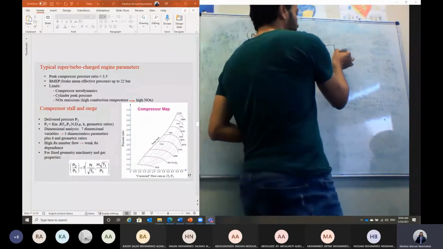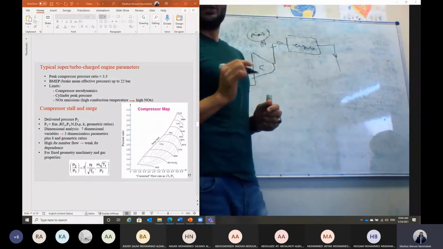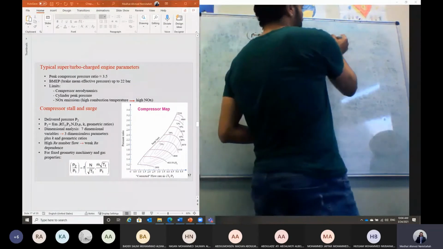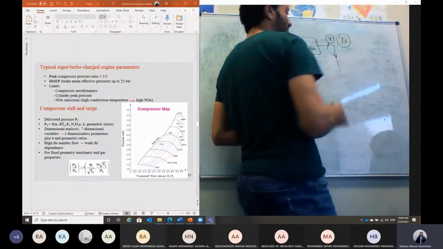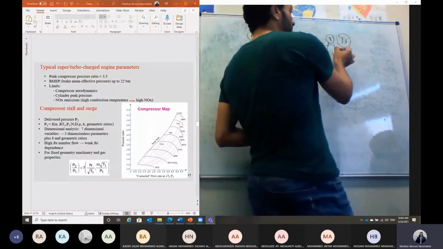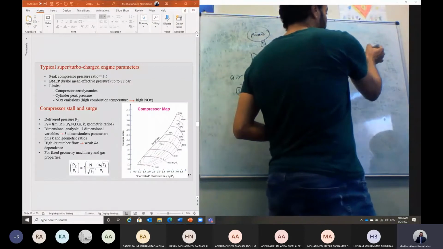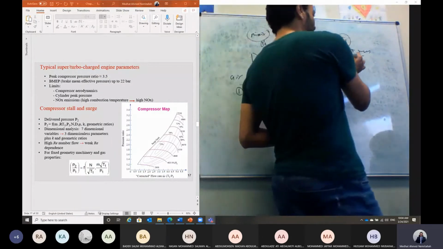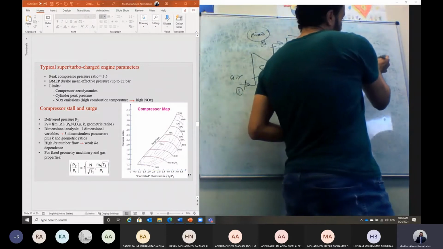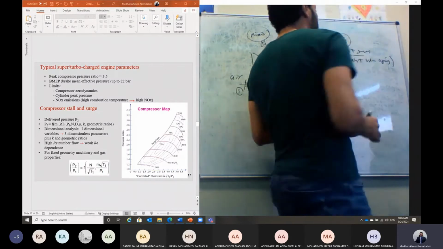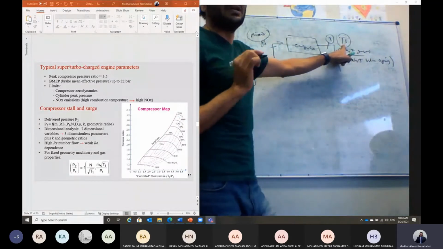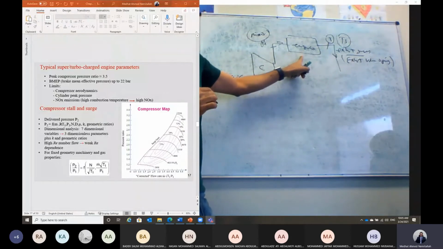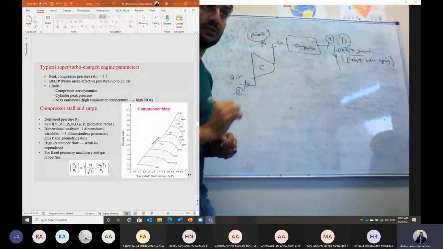This engine will decide the crankshaft angle at which the exhaust valve will open. So here at point number 3, the temperature is T3, which is the temperature of the exhaust gases when the exhaust valve opens. This will be decided by the electronic control unit inside the engine, which controls the operation of the engine and decides at which angle we should open the exhaust valve.